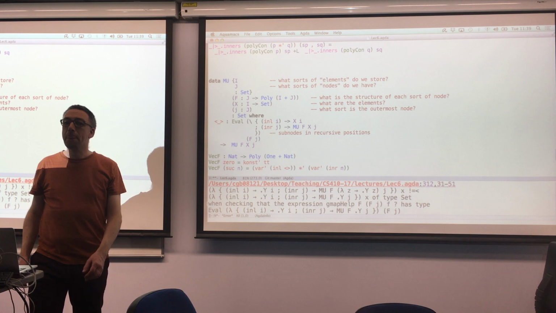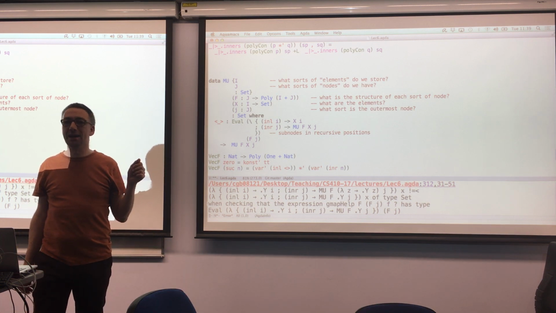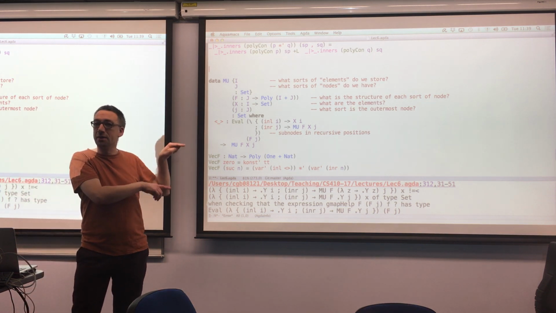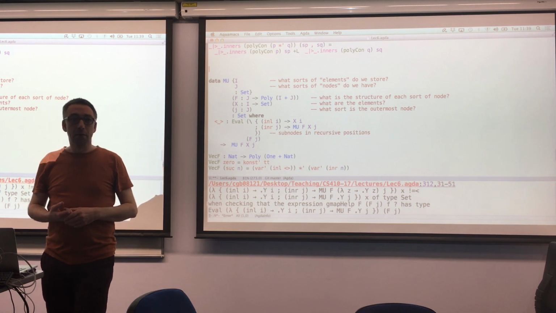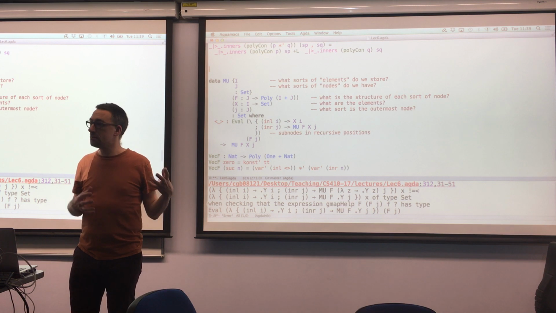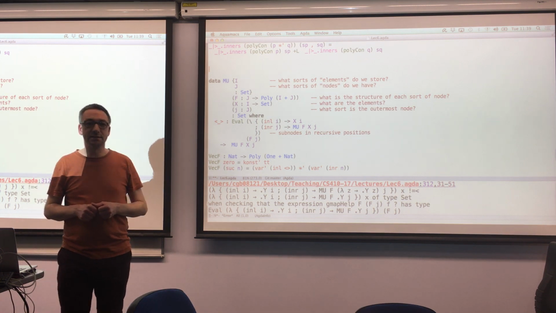Why are they different? Because each of these lambdas is behind the scenes implemented by a different helper function. When you write a pattern matching lambda in Agda, Agda behind the scenes writes a helper function that does pattern matching.